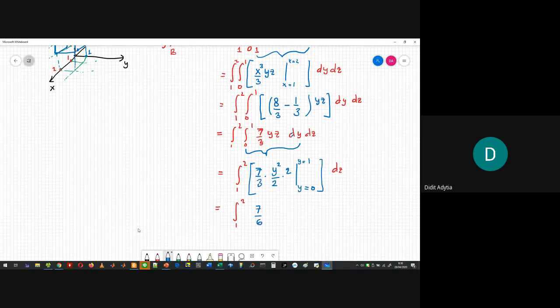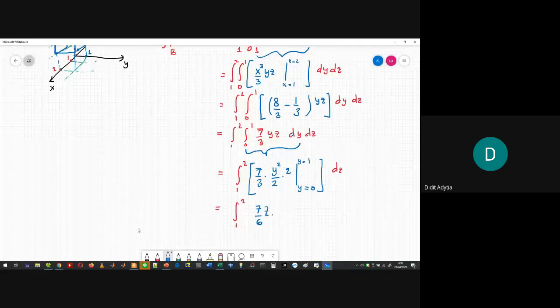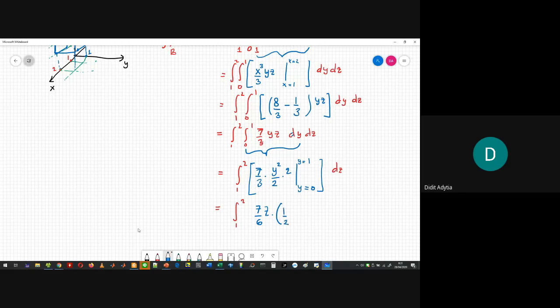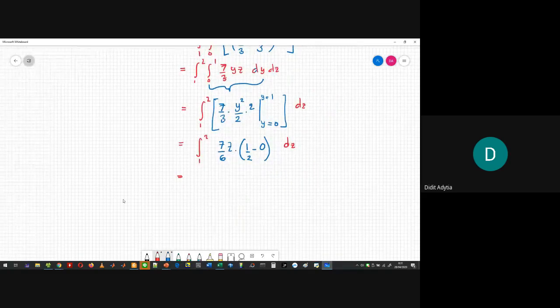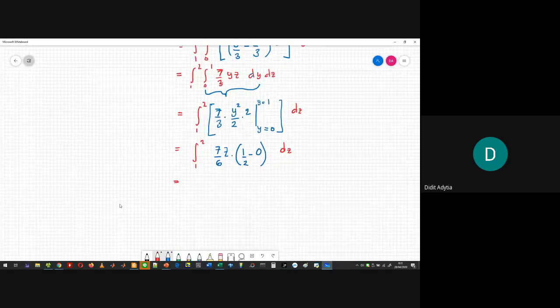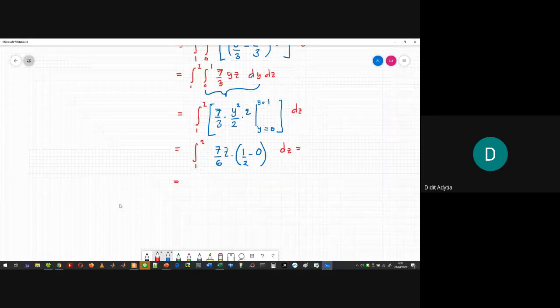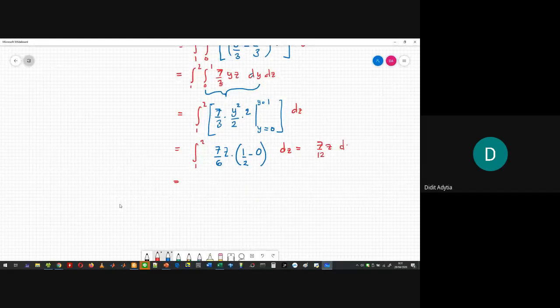7 over 6 times z, and then yang dalamnya adalah 1 per 2 dikurang 0. Okay, and then this one is dz. Jadi tinggal z, okay? Tinggal z. Oke, saya tuliskan di sini biar nggak terlalu panjang. Oke, ini adalah 7 per 12 z dz, and then z is become 1/2.